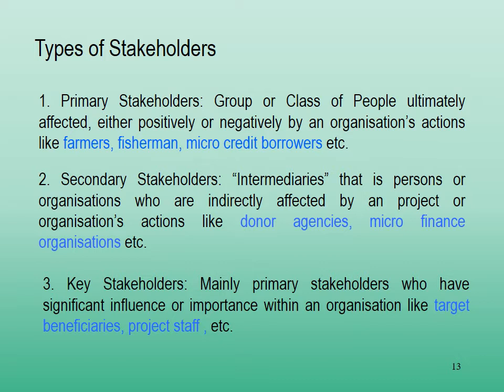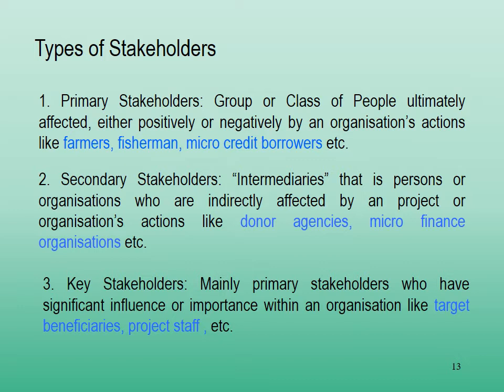The farmers, fishermen, microcredit borrowers, etc. The secondary stakeholders are intermediaries, that is, the persons or organizations who are indirectly affected by the project or organization's action whenever they implement a project or their programs, like donor agencies, microfinance organizations, etc.